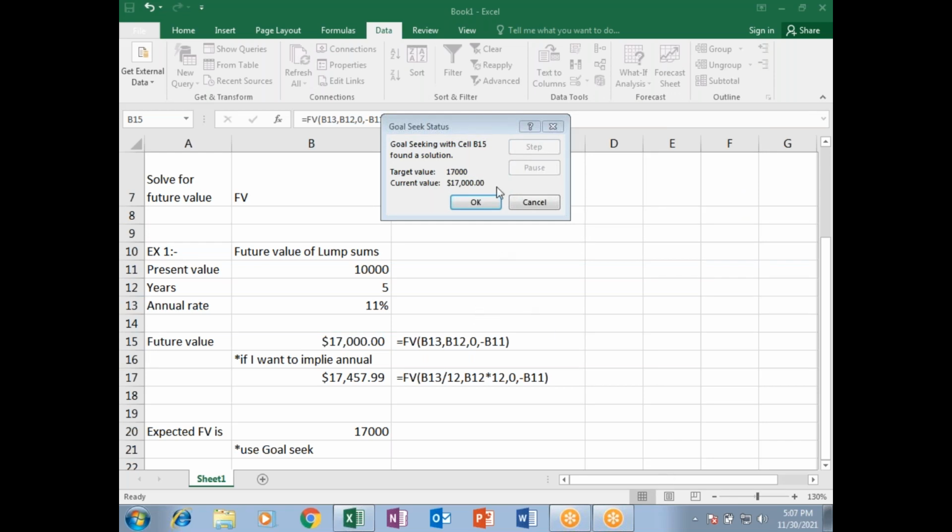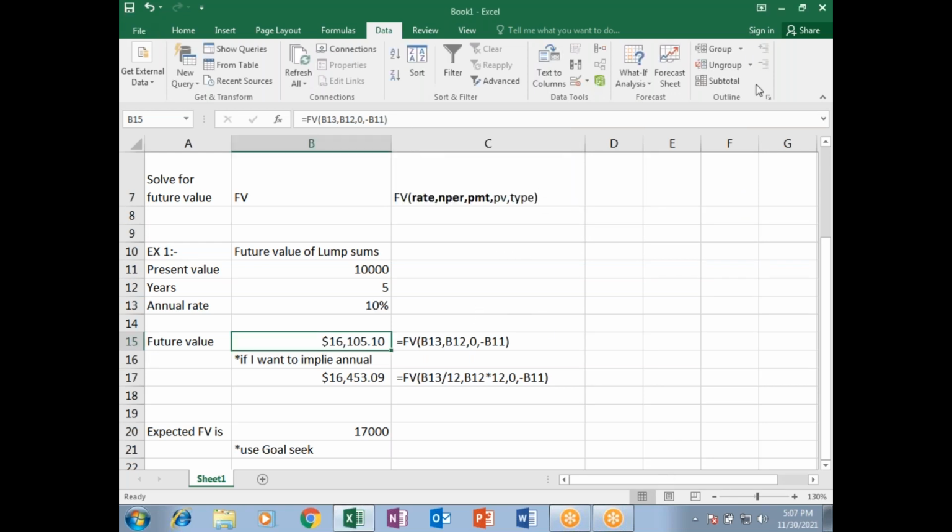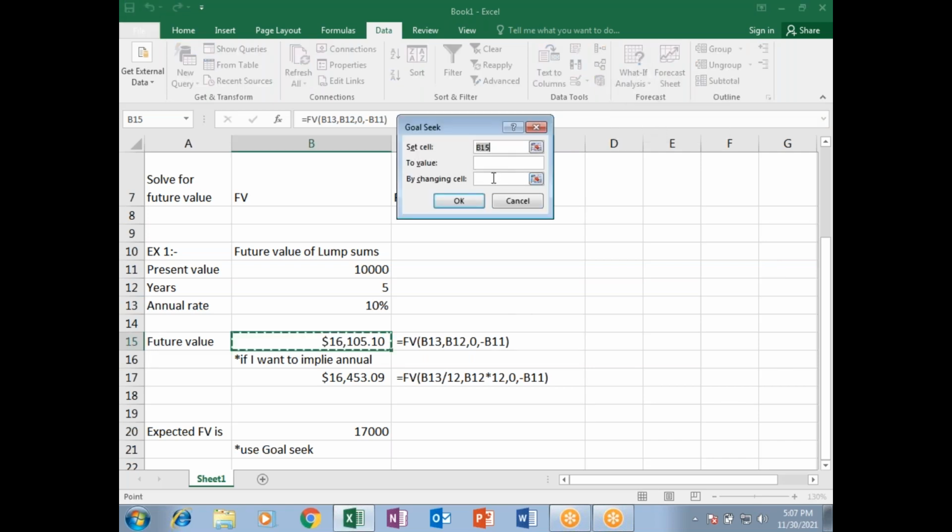So in changing cell, you can select what you should affect, whether the annual rate or the years. You can select anything. So set value, to value is my 17,000. Changing cell is nothing but rate.